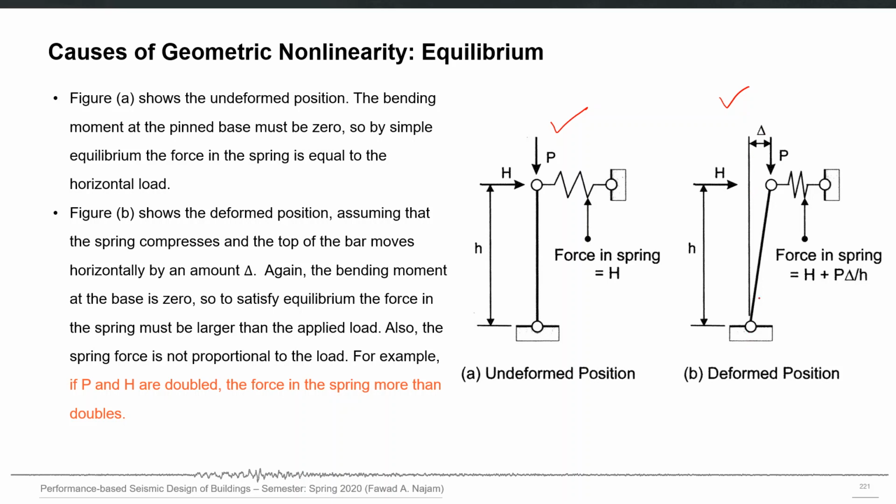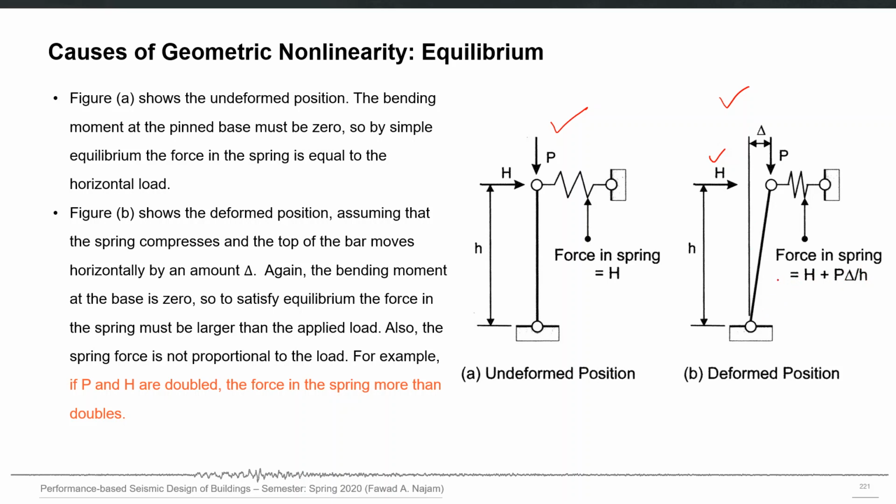So to satisfy equilibrium, the force in the spring must be larger than the applied force H. Also the spring force is not proportional to the load. The force in the spring in that deformed position should be equal to H plus P times delta over small h, where small h is the height of the structure.